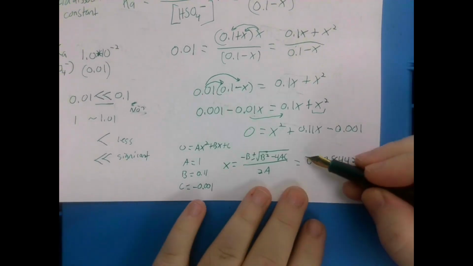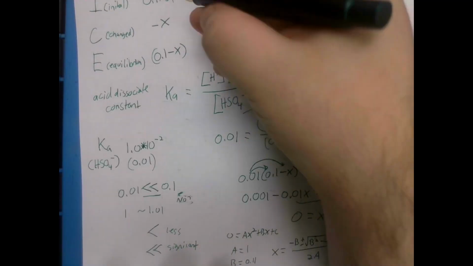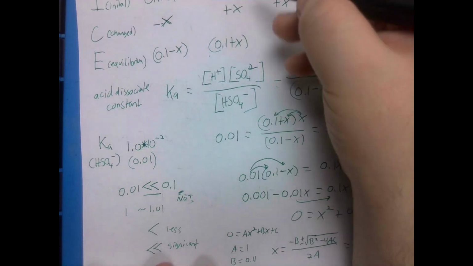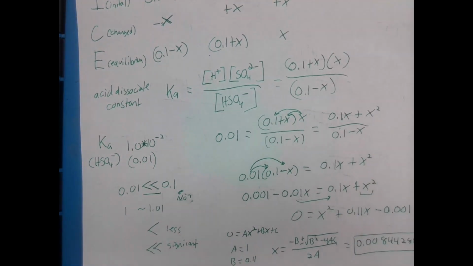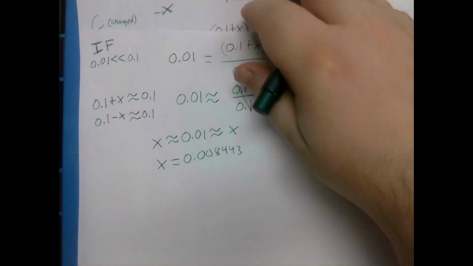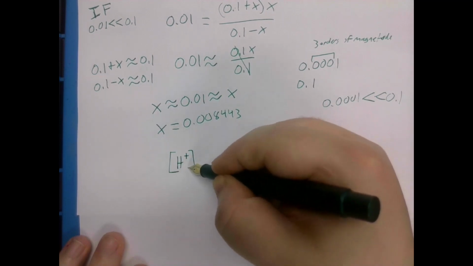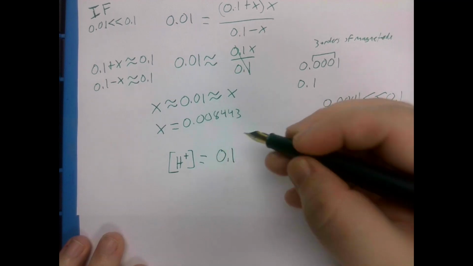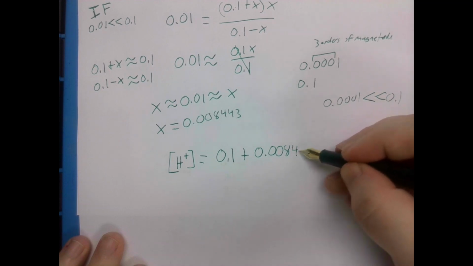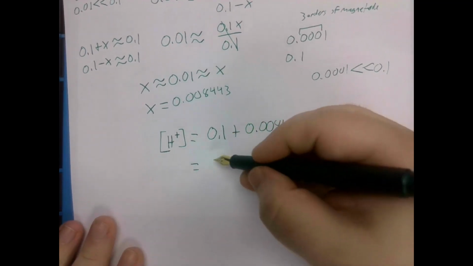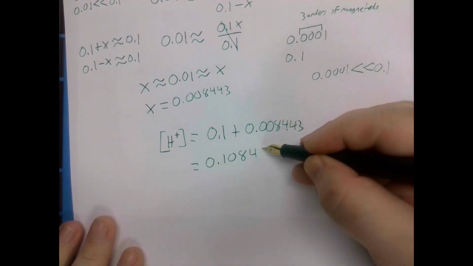But regardless, what was this x? Let's go back to what we were doing. This x was how much additional H plus ions we gained. So our total concentration of H plus ions would be equal to 0.1 plus 0.008443, all equal to 0.108443.